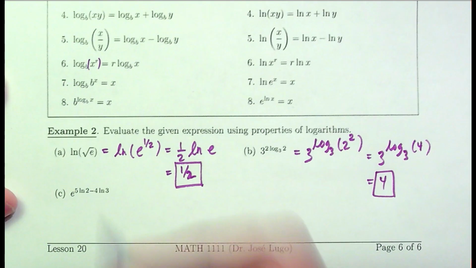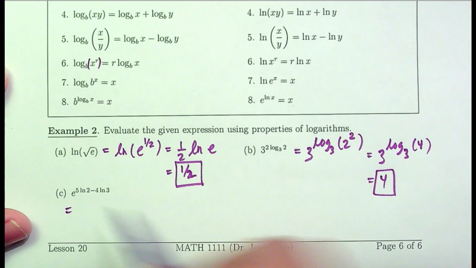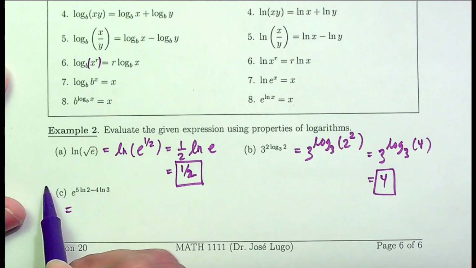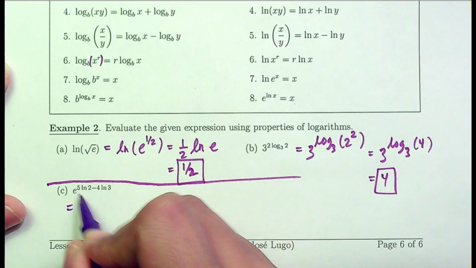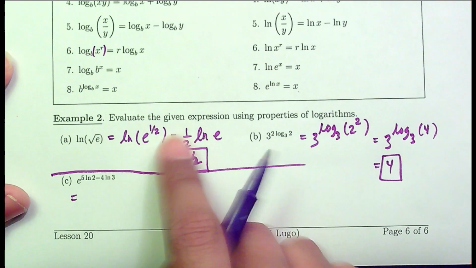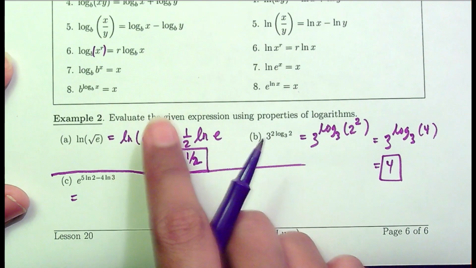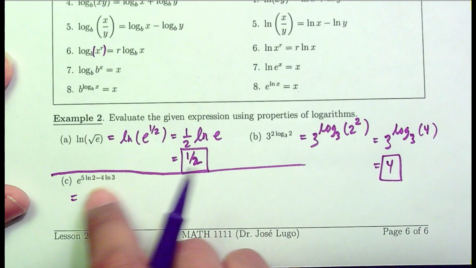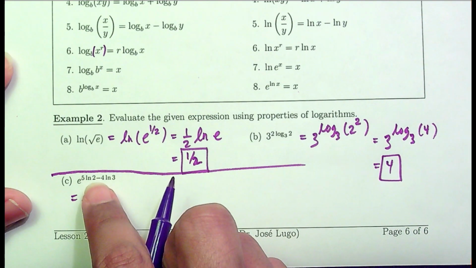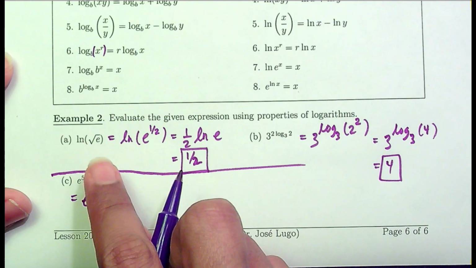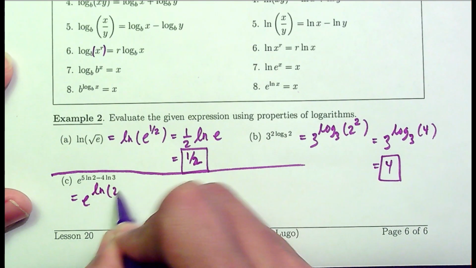Okay, and then the very last one, this one right here. Let's simplify this. We're going to use again the same property that I used here of taking an exponent and moving it all the way to the front, but backwards, just like we did here. I'm going to take that 5 that is in front of the ln and move it inside as an exponent. So this is ln of 2 to the 5.